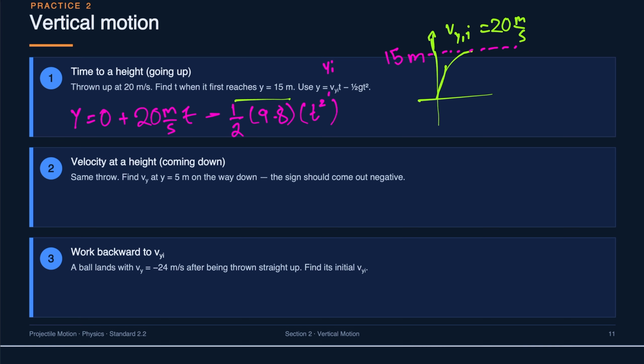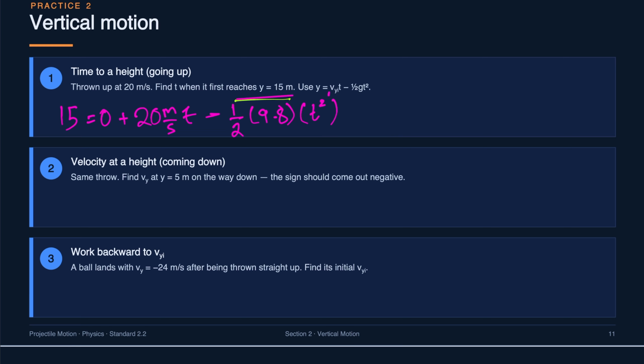And all of that is equal to, well, we know the y, right? We're asking what time does it reach 15. So we know that this final y has to be 15. So then you can solve it like a quadratic equation. It's a bit complicated, but we can do it.